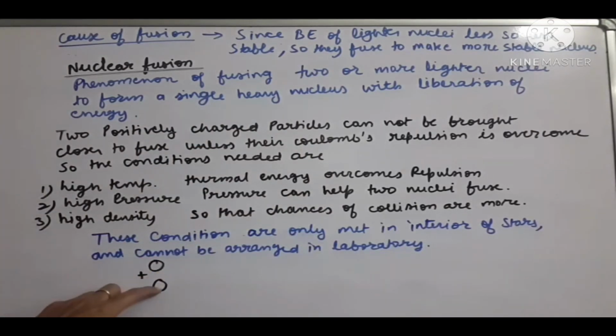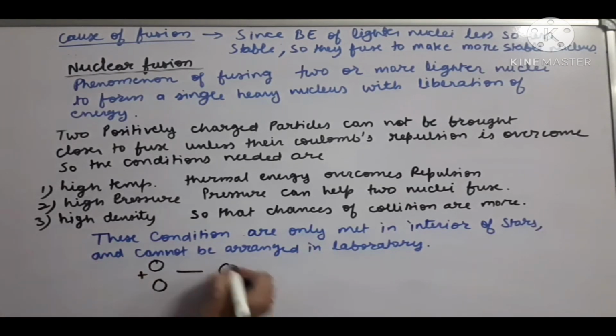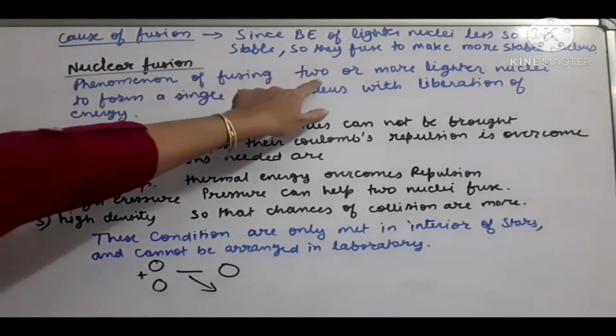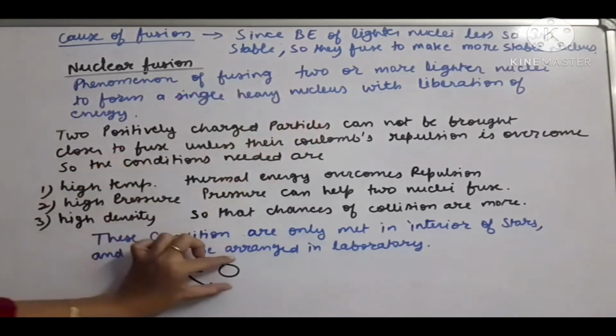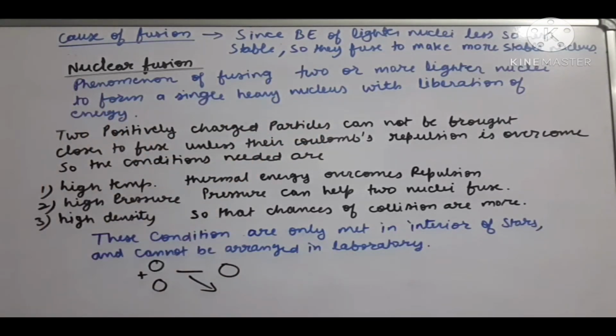When two smaller nuclei fuse together and make one bigger or heavier nucleus, then this process is called nuclear fusion. And like in the fission process, here also the energy is liberated. Some energy is released. Okay, so the phenomenon of fusing two or more lighter nuclei to form a single heavy nucleus with the liberation of energy, this is called nuclear fusion.